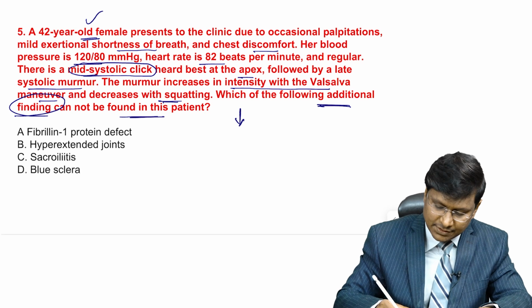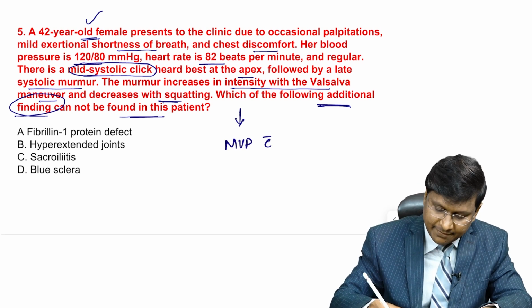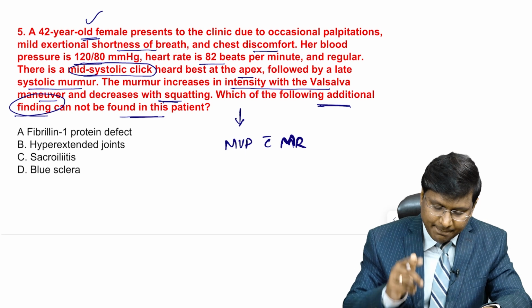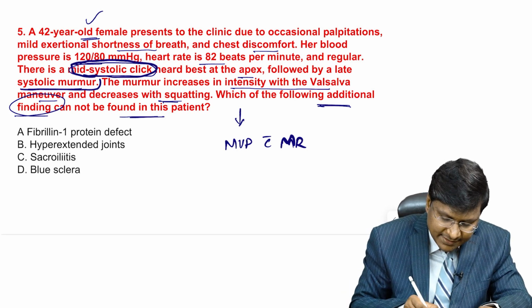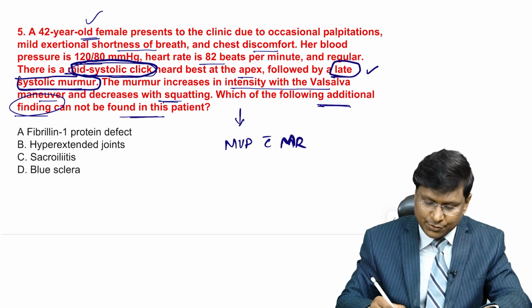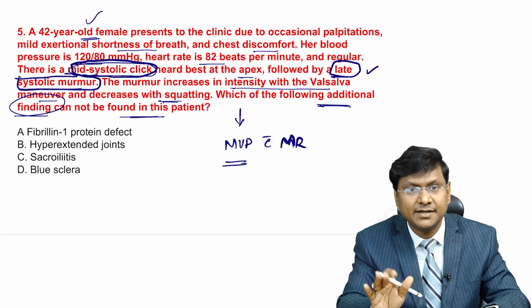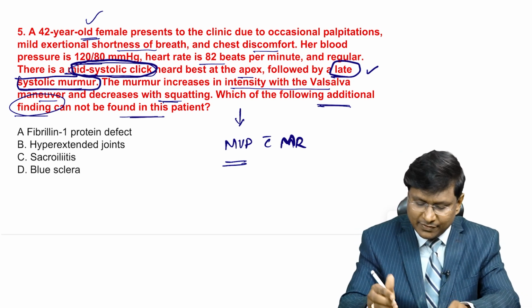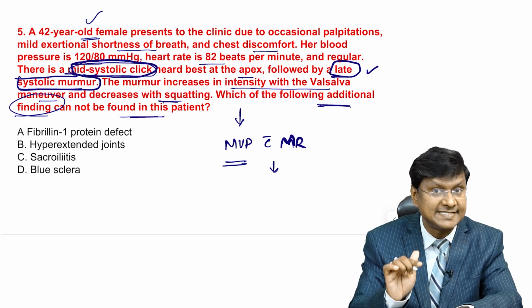Fibrillin 1 protein defect, hyperextended joints, sacroiliitis, and the presence of blue sclera. So what is this? This is mitral valve prolapse with MR, right? The presence of a mid-systolic click at the apex followed by a late systolic murmur is suggestive of mitral valve prolapse with MR. In patients with mitral valve prolapse with MR, most of the time they are asymptomatic.